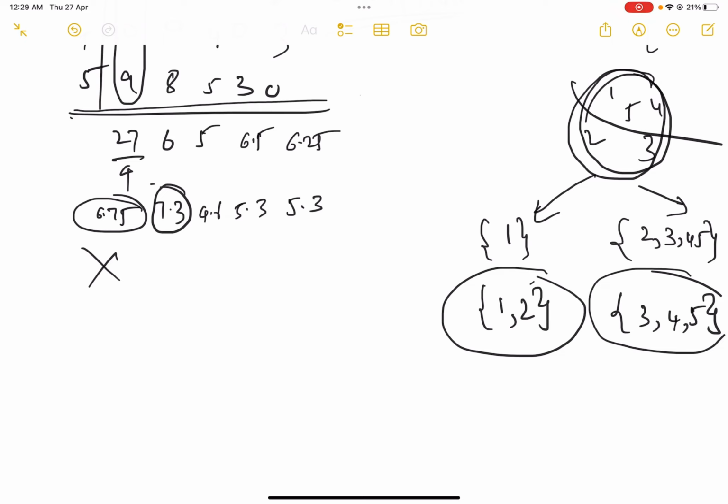So you may be asked to break the nodes into 3 clusters also. In that case, what you will do is you will take this 3, 4, 5 and repeat the process and break it into another cluster. And if you have to check for 3, 4, 5, you have to check 3 with 4 and 5 and also with 1 and 2.